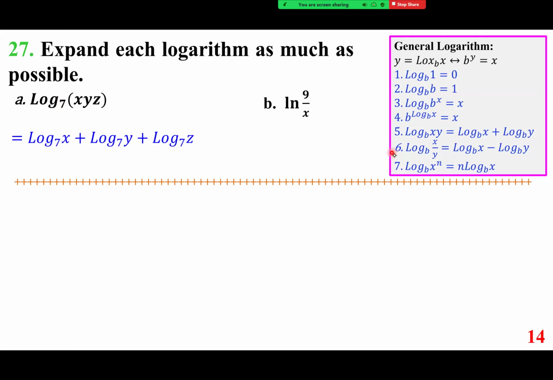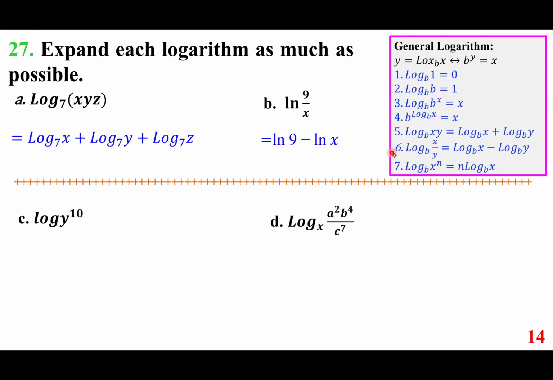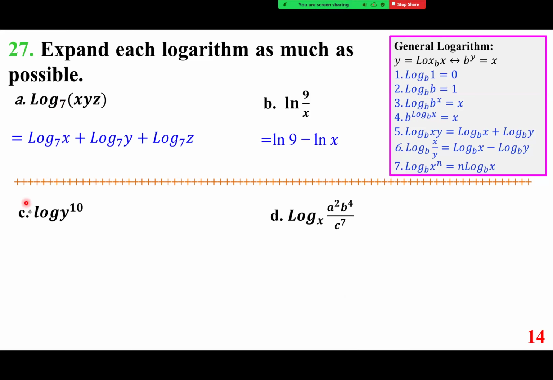This one, we're going to use the quotient rule, ln of the top minus ln of the bottom, ln 9 minus ln x. This one, we use number 7, the power rule. 10 becomes the coefficient.